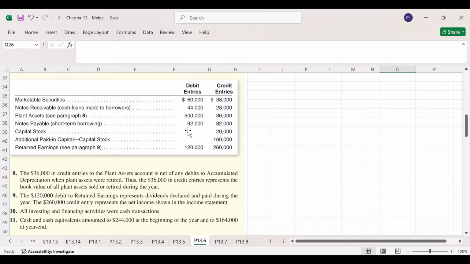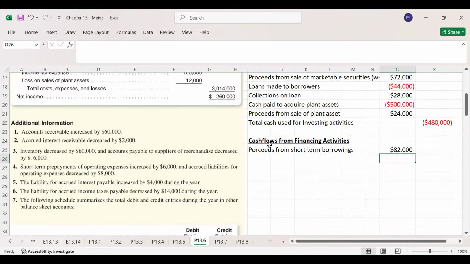If notes payable is on the debit side, this means that the cash is on the credit side. So we have payment to settle short term debt, which is 92,000. So we are going to deduct 92,000.